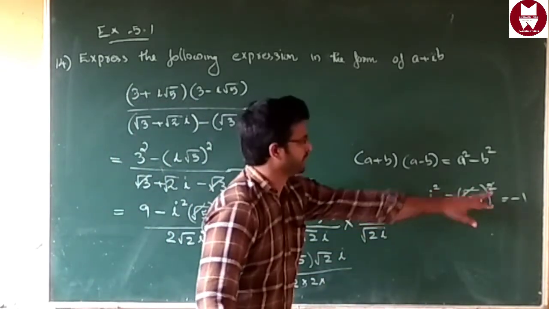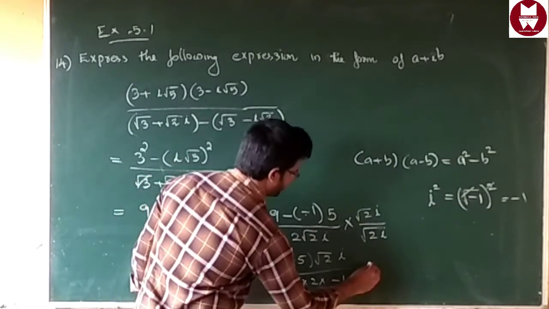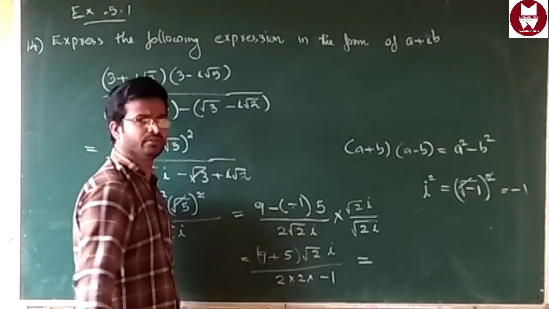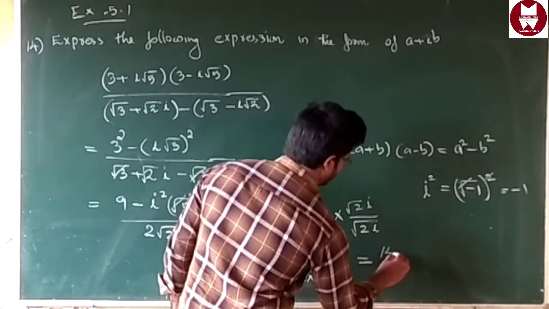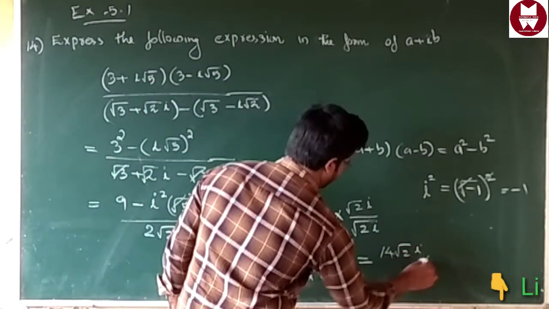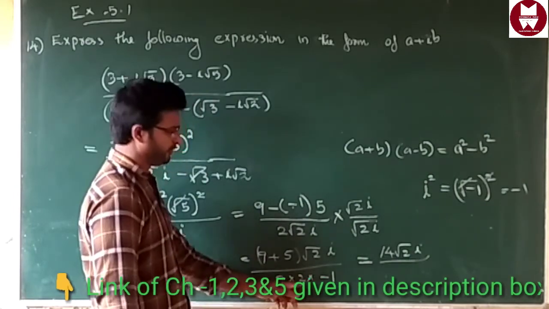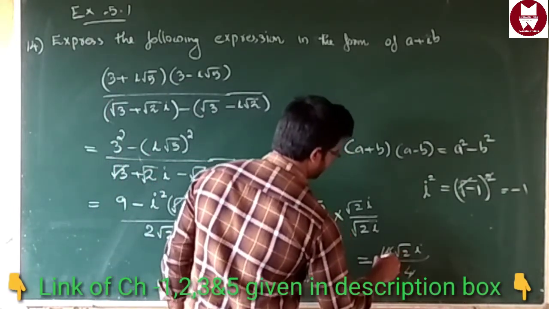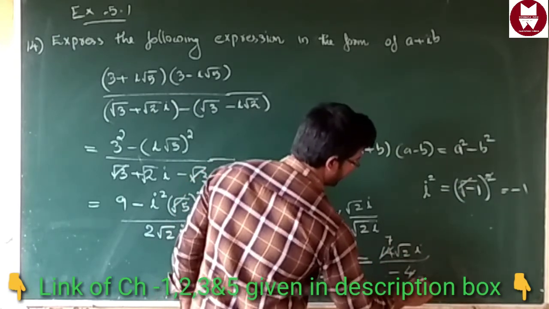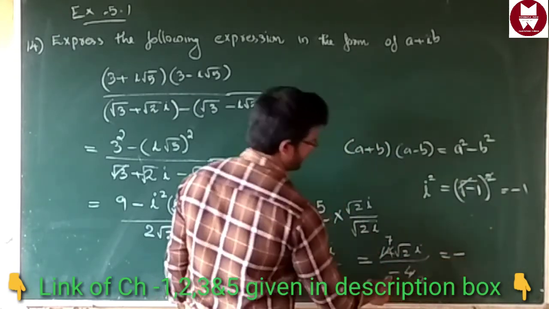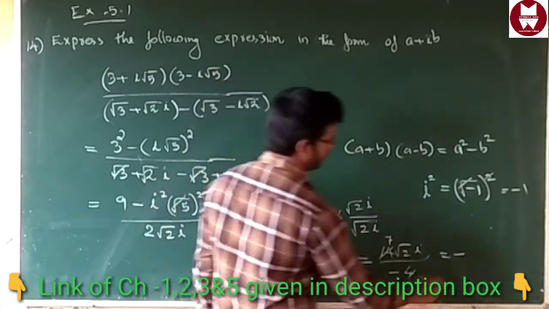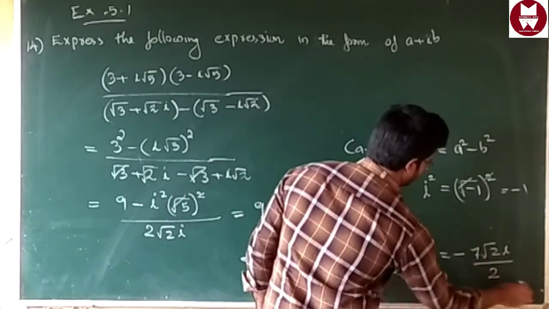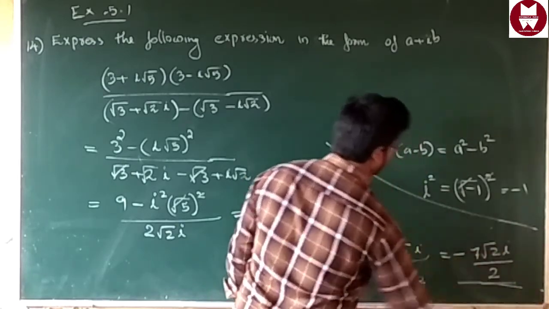What is i squared? That is minus 1. Here 9 plus 5 is 14, isn't it? 14 root 2i divided by 2 into 2, that is 4, into minus 1, minus 4. Got it? Dividing by 2, we get minus 7 root 2i divided by 2. This is our required answer.